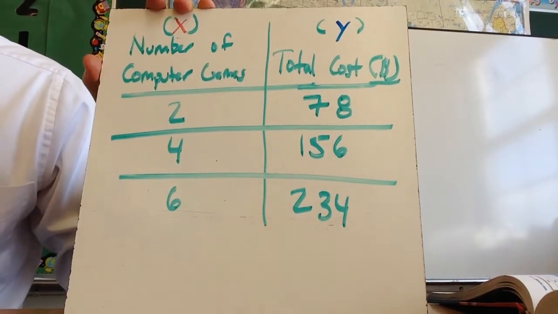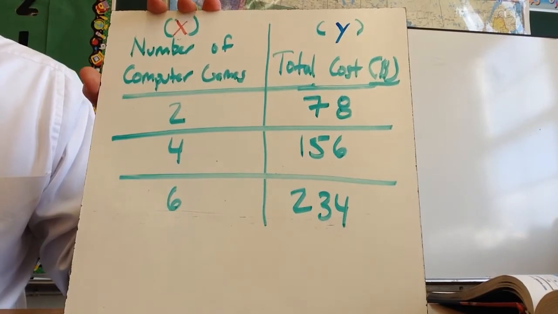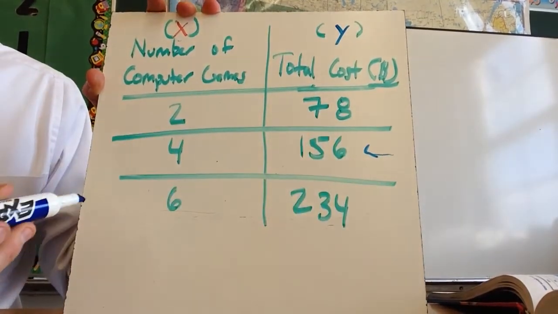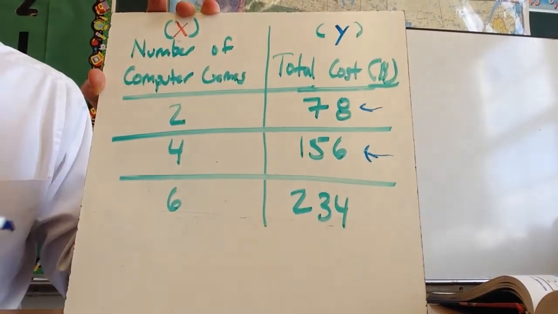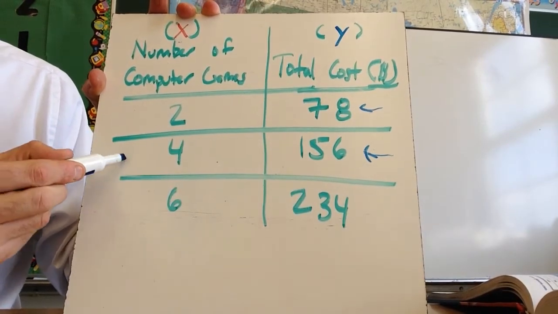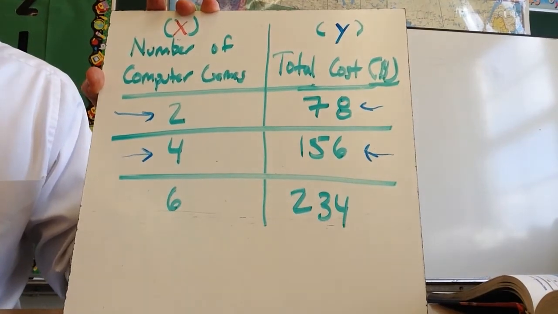And so there are a couple of different ways that we could do it. The easiest way would be to take this number first, which is 156, and subtract 78. So 156 minus 78 would give me the change in y. And since I use this number first, I would then need to use this x first, and subtract this one. You don't have to do that.